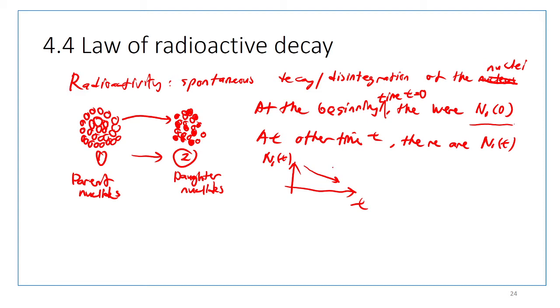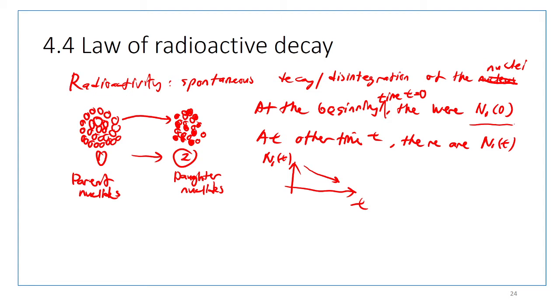From now on we are going to look at how the number of parent nuclides decreases with time, and we are going to derive the mathematical formula for that. Before that, we need to set up the differential equation for it.